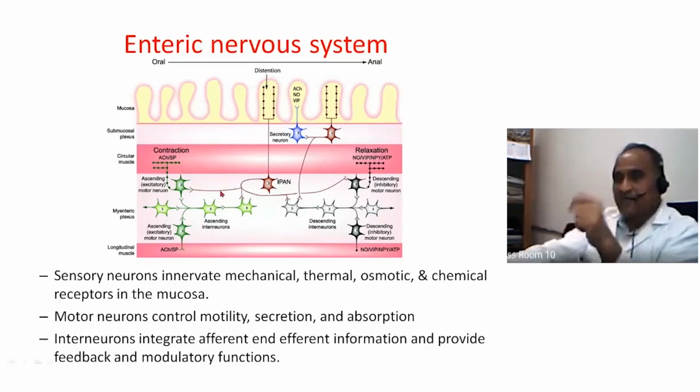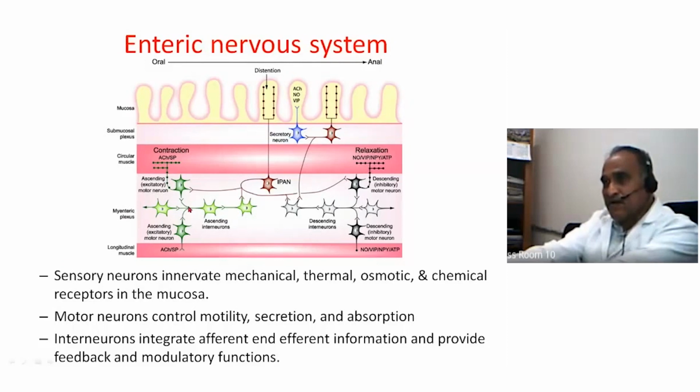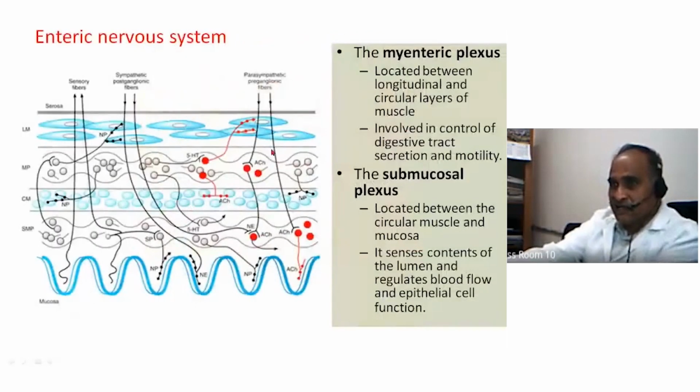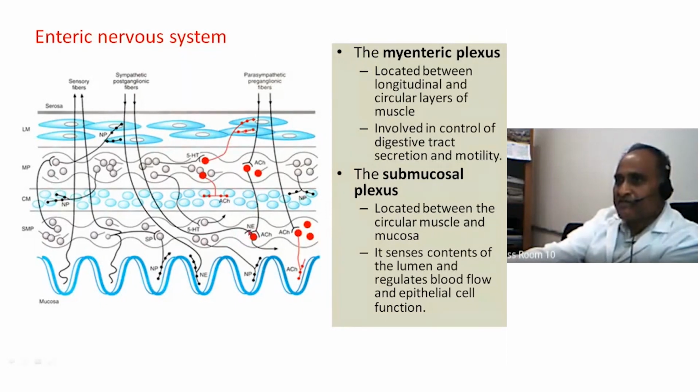At the same time, the cholinergic inputs are modulated by the adrenergic. For example, if you go back here, this is the acetylcholinergic neuron, and this would be inhibited by the noradrenergic neurons.